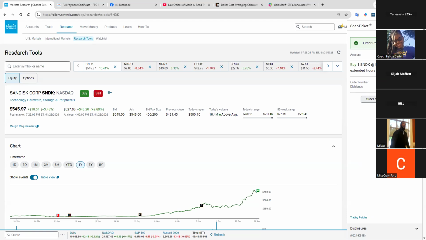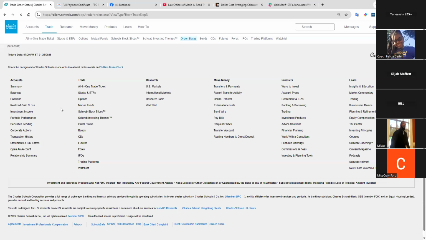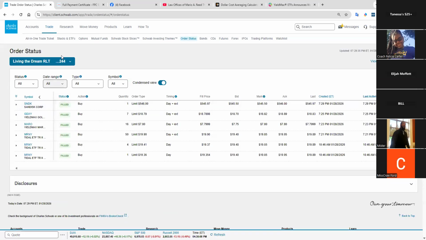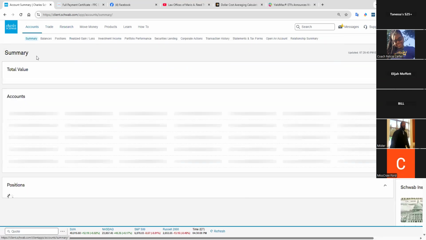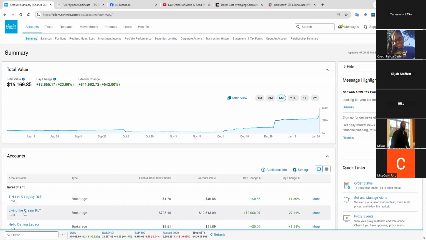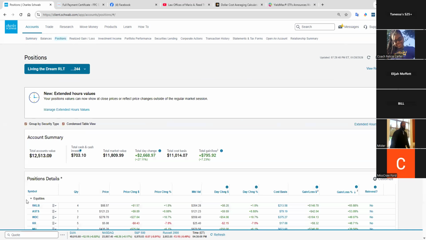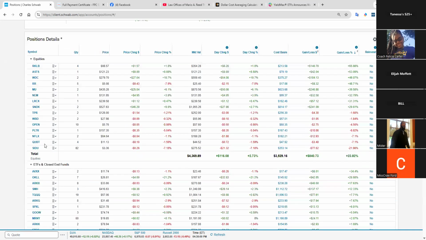Some of them you're going to see a tremendous gain from, because we're going to go to the order status and take a look and see, did we get it? That was filled, so we got another share of SanDisk. Now watch this. When we come back over to our brokerage account for SanDisk, it's going to show that the return percentage has been chopped down substantially.